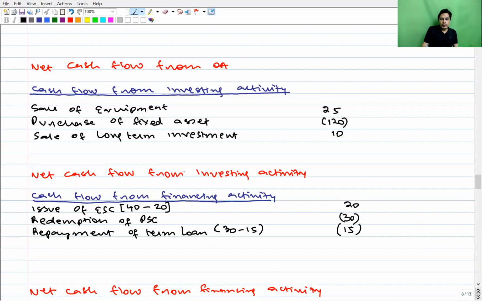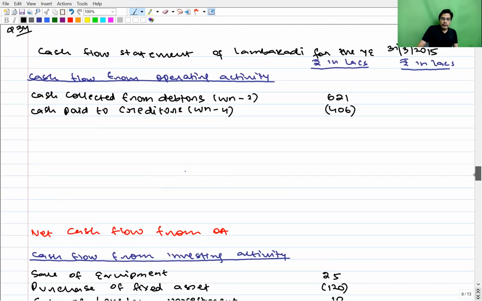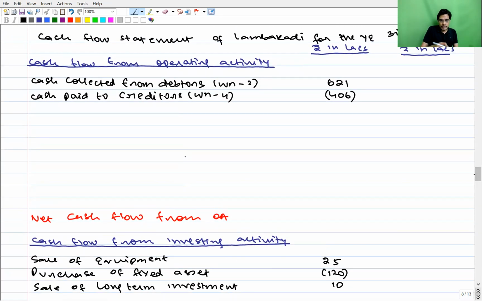The amount at which the expenses are appearing in the P&L account, that amount only the entity has paid if there is no outstanding and prepaid expenses given related to them in the question. So the amounts are establishment expenses paid and selling and distribution expenses paid.